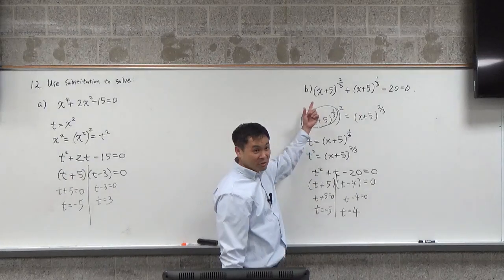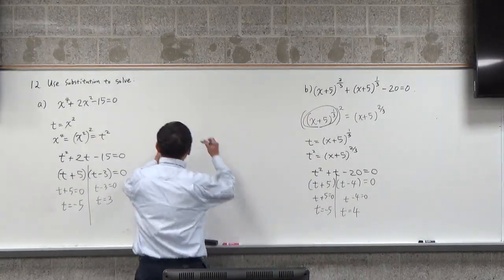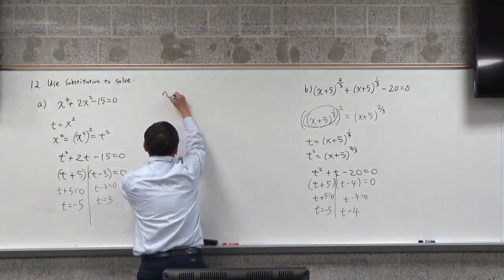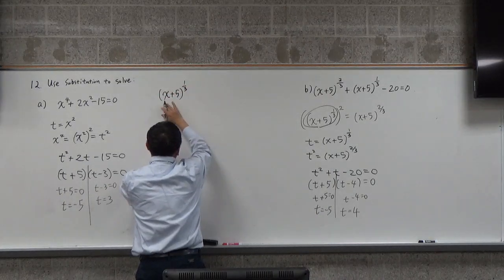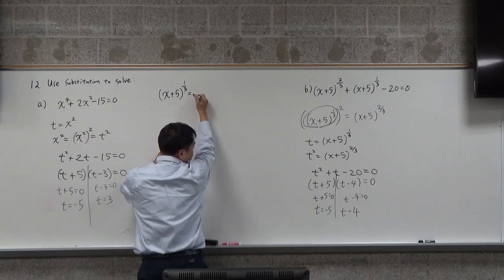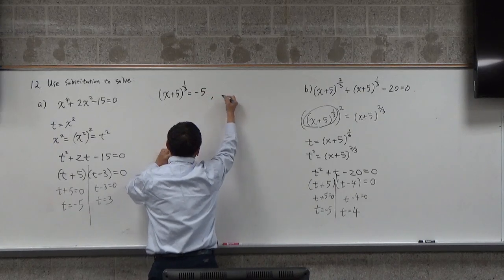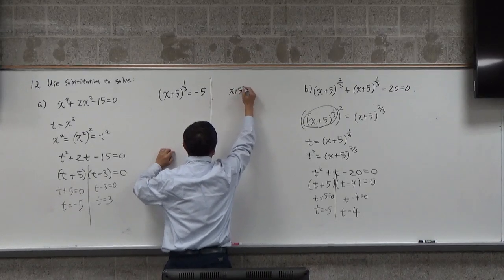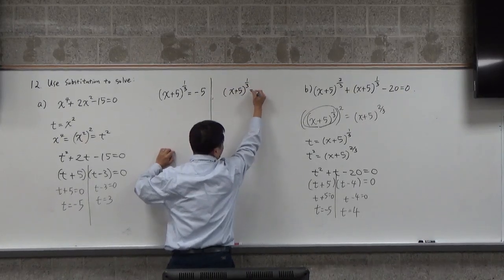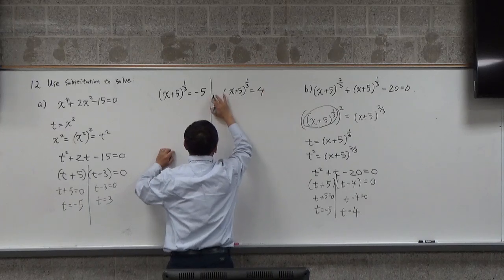You have to go back for the x. So since t is x plus 5 to the 1/3 power, we really have x plus 5 to the 1/3 power equals -5, and also x plus 5 to the 1/3 power equals +4.